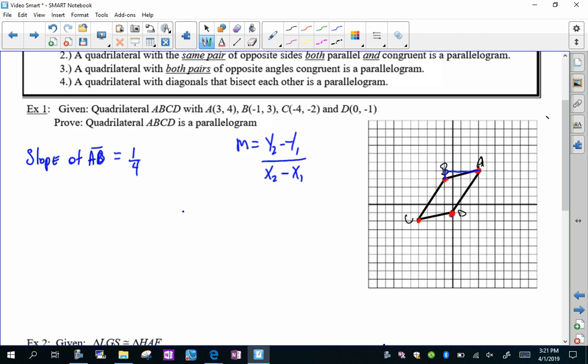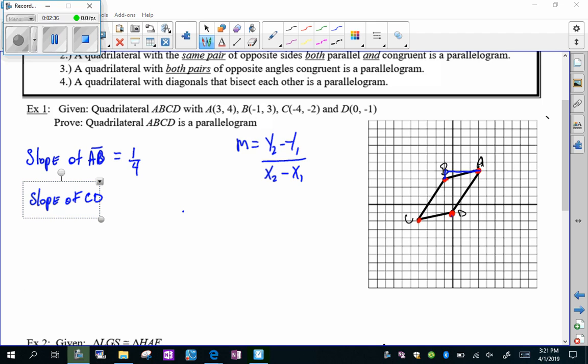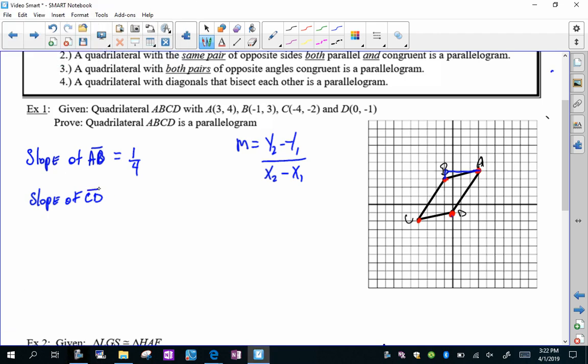I'm going to look at the opposite side, the slope of line segment CD. That equals, well, my rise is -1, and then my run is -4. So that equals -1 over -4, and we know that equals 1/4.